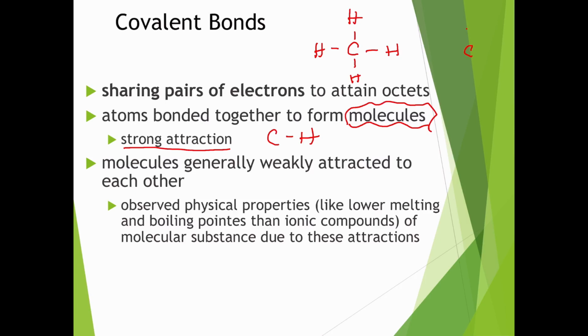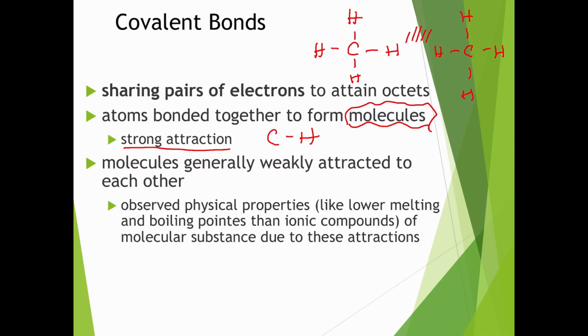That would be like if we had another methane. The attraction between these molecules is fairly weak, and that's something that's different between ionic and covalent compounds. Within molecules the bonds are very strong, but generally between them the attraction is pretty weak.